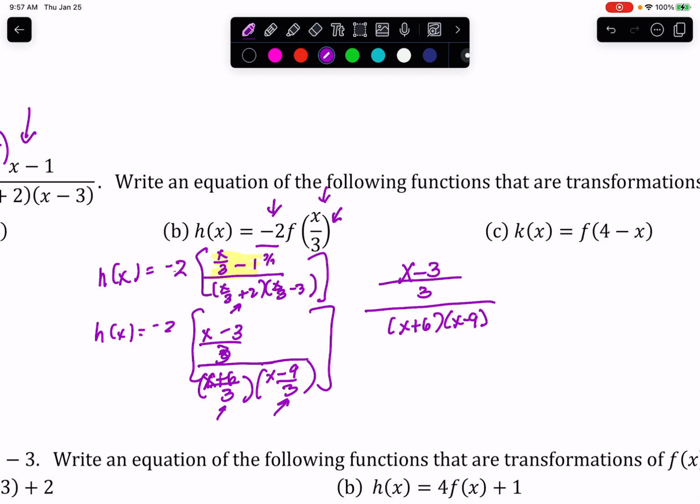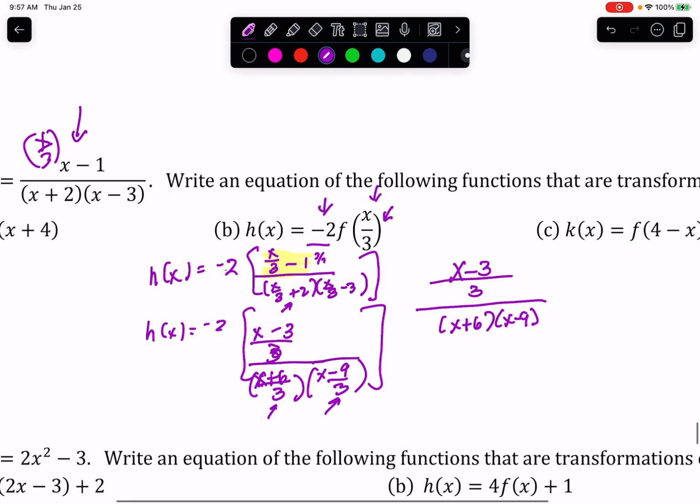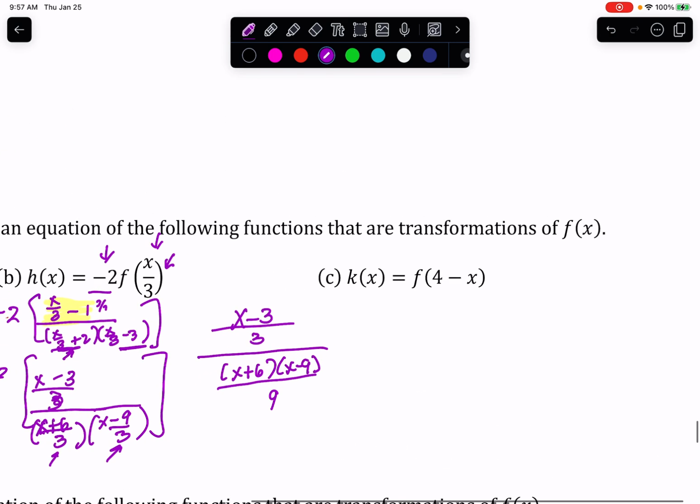When I did my, I had x over 3 plus 2 and x over 3 minus 3. So these definitely were that, which comes out to be x plus 6 over 3 times x minus 9 over 3. And so wouldn't that be 9 here? So I think the key was wrong, unless I'm doing something wrong now, so you can check me again.